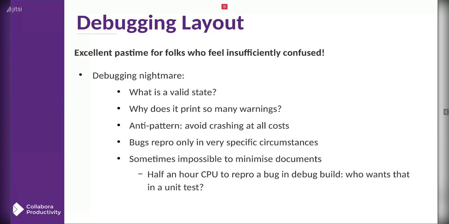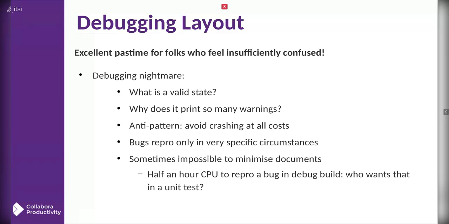And then you say, oh, I want to create a unit test for this, but if I cut anything out of this 200-page document, then I don't see the bug anymore. Loading large documents in a debug build of Writer takes a very long time.